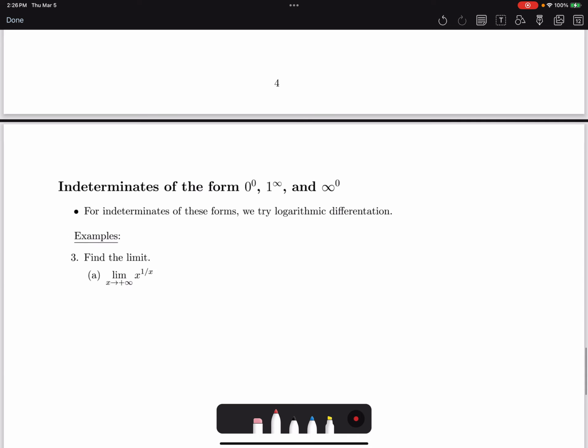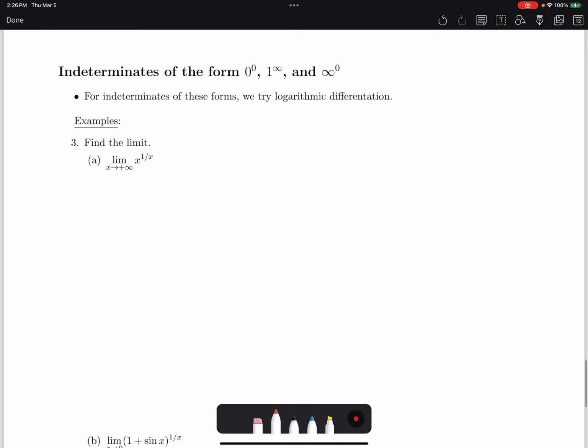Okay, last topic. These are the remaining indeterminates, right? Indeterminates where you have something going on in the exponent: 0 to the 0, or 1 to the infinity, or infinity to the 0, right? These are all indeterminate. For these, we're going to try logarithmic differentiation, okay?